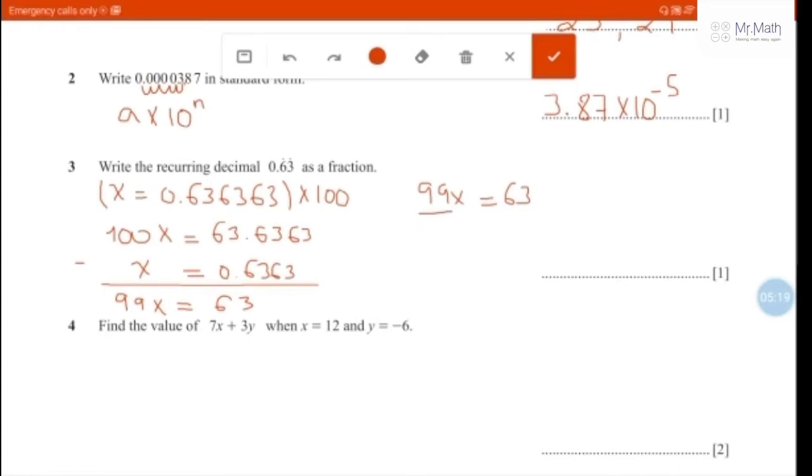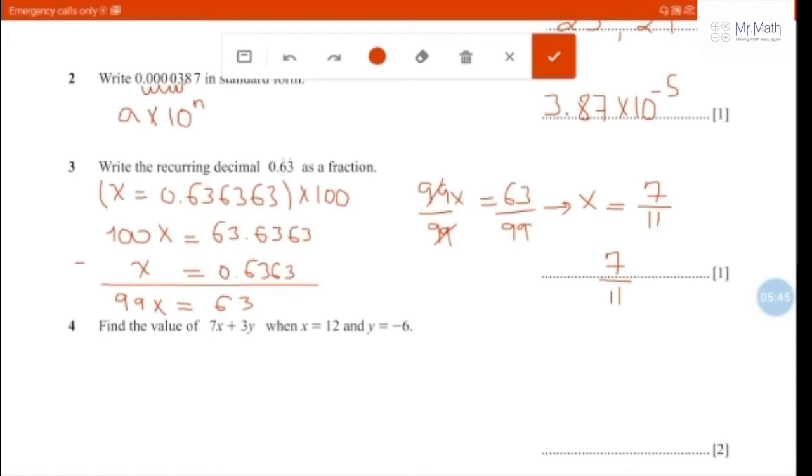So I will divide 99x by 99 and 63 by 99. So x is equal to 63 over 99, which is equivalent to 7 over 11. So the final answer is 7 over 11.